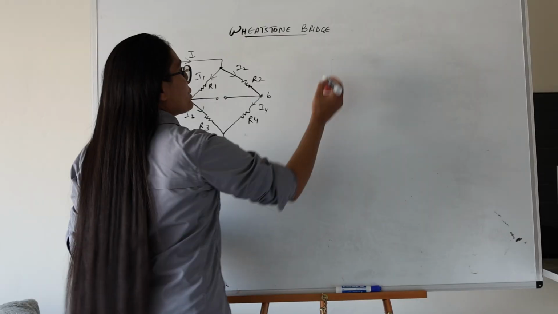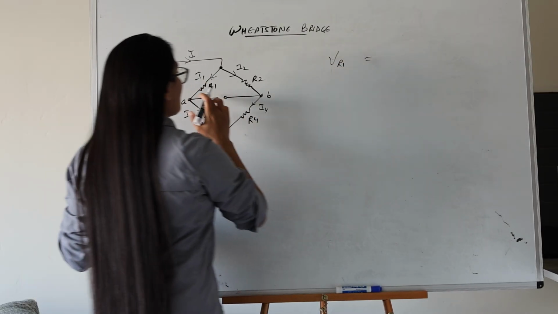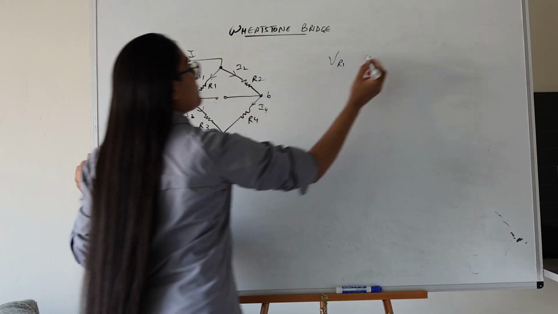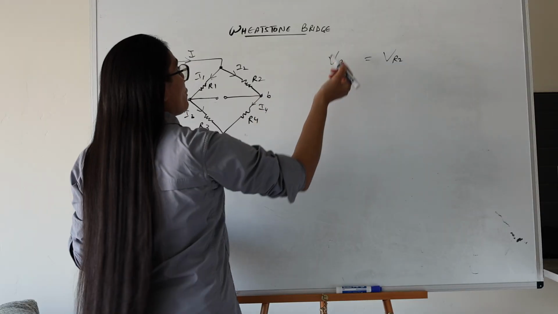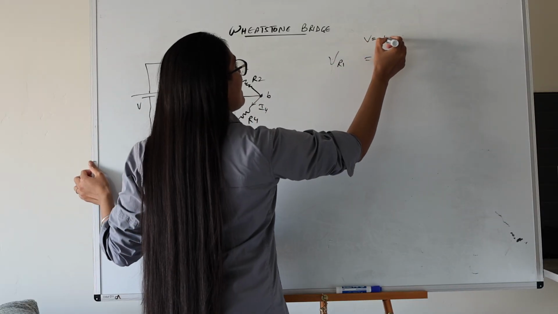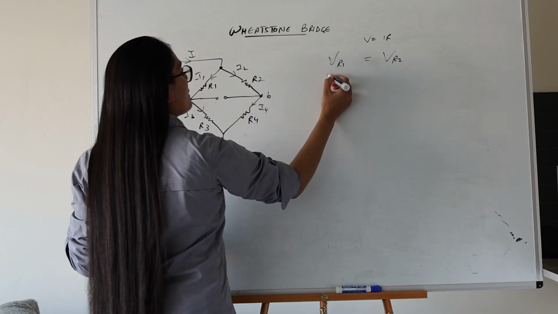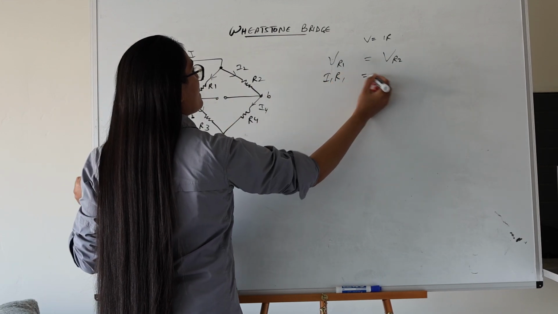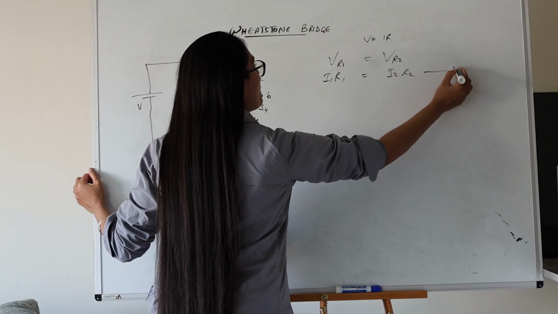So we said the voltage drop across R1, let's call it VR1, is equal to the voltage drop across R2, let's call it VR2. And by Ohm's law, V equals IR, we can rewrite this as I1 times R1 is equal to I2 times R2. Let's call this equation 1.